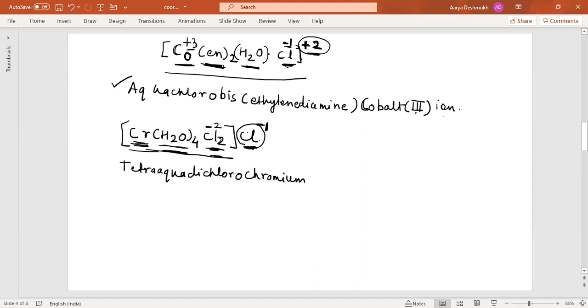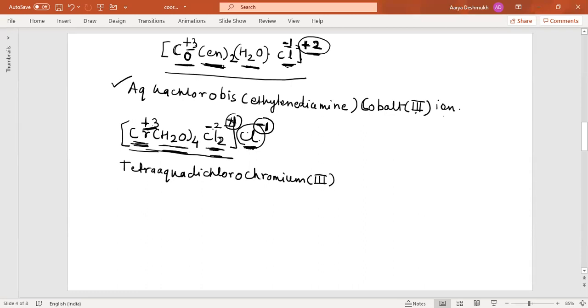If I write chromium as +3, then +3 -2, the resulting charge for this will be +1, isn't it? To balance this +1 charge, we need -1 here. So +1 -1 would be 0. So if I say this chromium has the +3 oxidation state, that is the correct one. So you can write here.